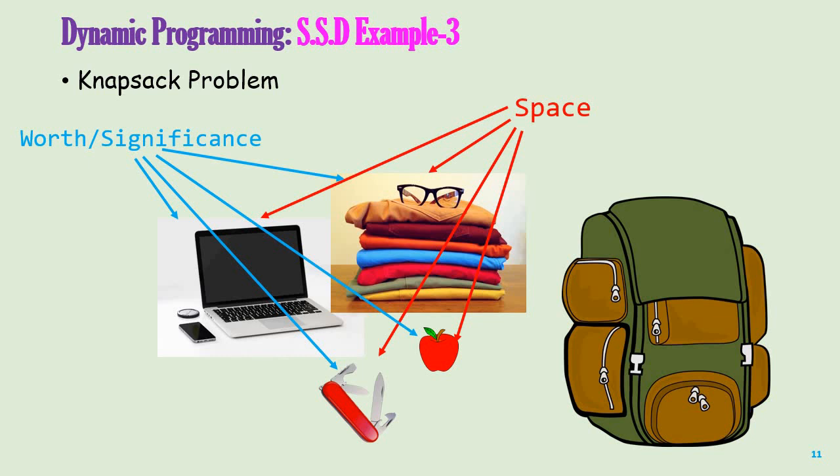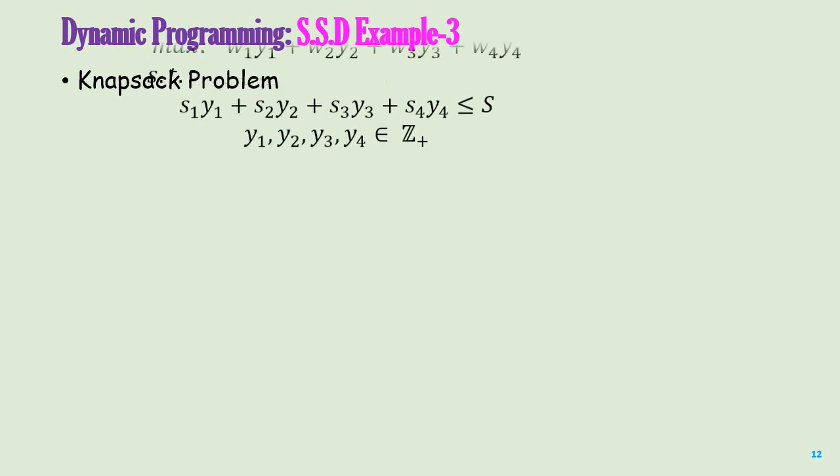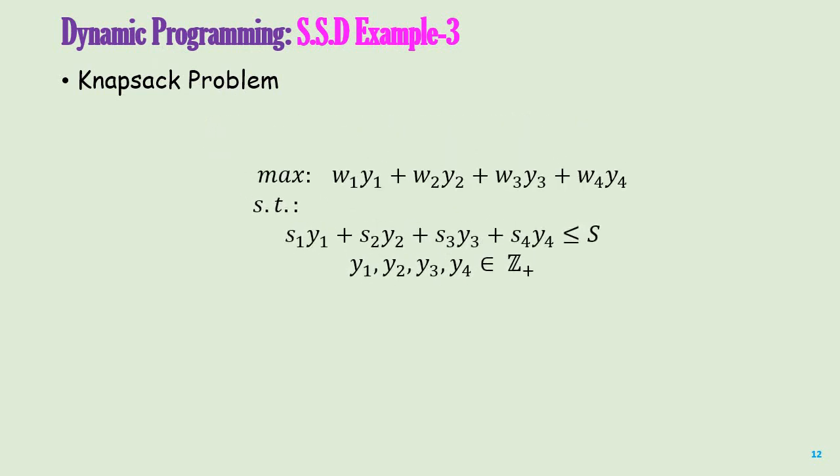This problem can be written mathematically as follows. You are trying to maximize the total worth subject to the space constraint. Here the variables y1, y2, y3, y4 represent the number of items that you pack.